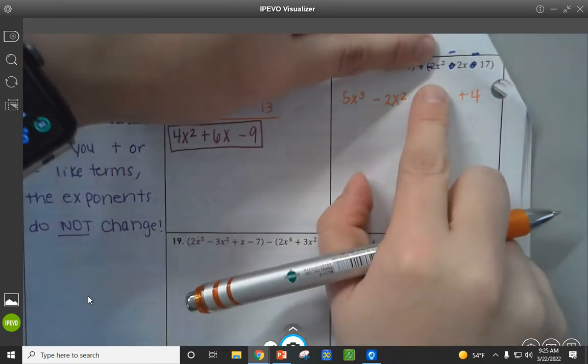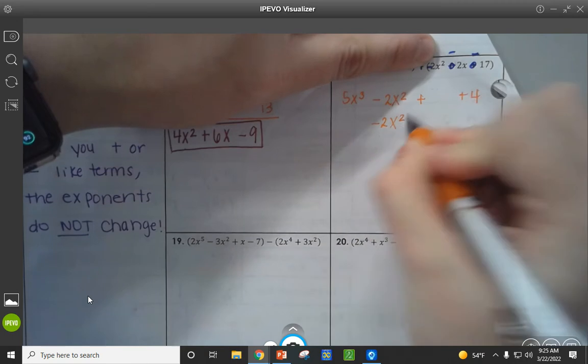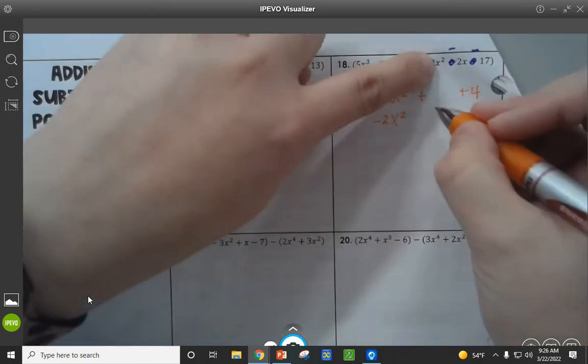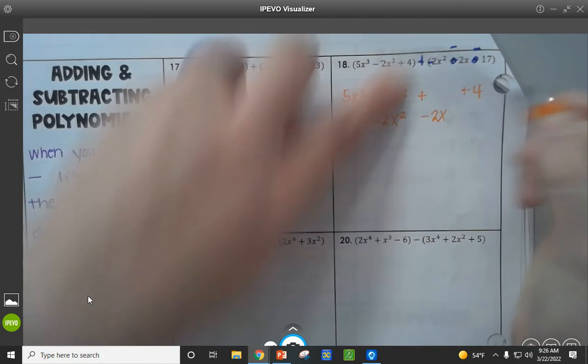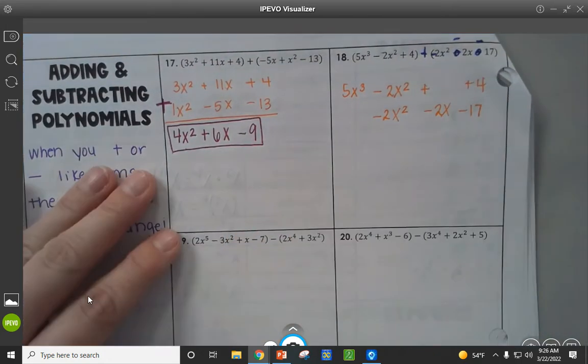So when I stack, this negative 2x squared goes here because those are both x squareds. This minus 2x would go here, and then the minus 17.